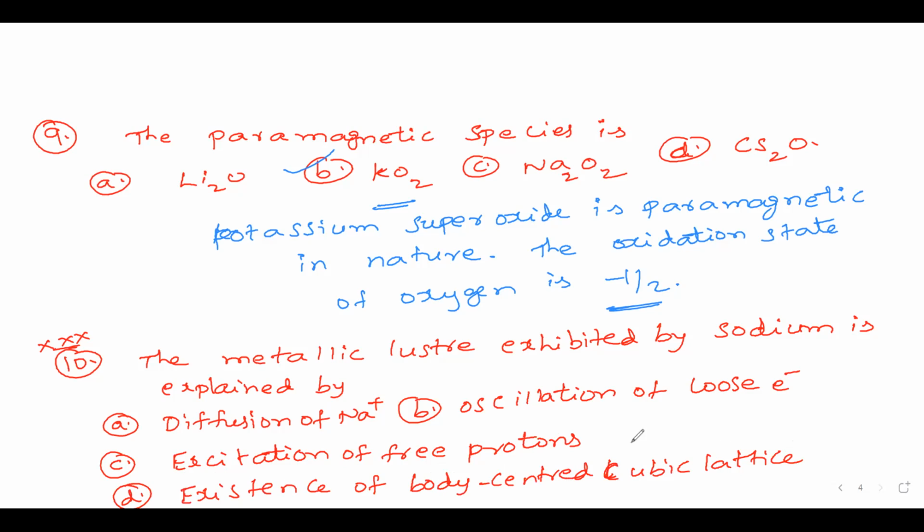So, what is the question now? The metallic luster exhibited by sodium is explained by which option? So the answer is oscillation of loose electron, because the sodium metal has one free electron, which is called a loose electron.